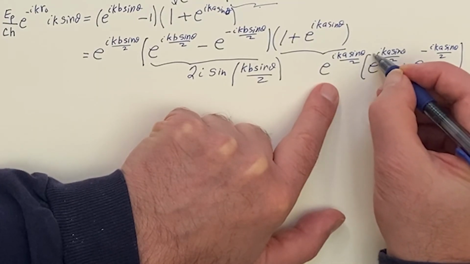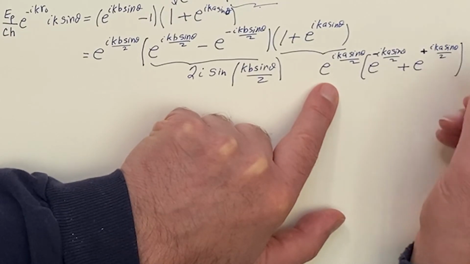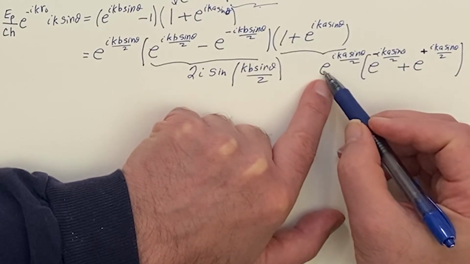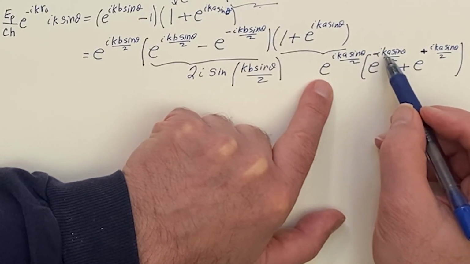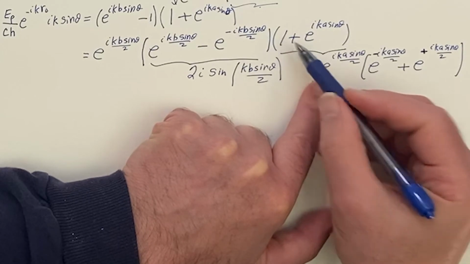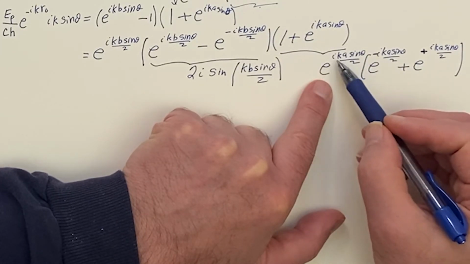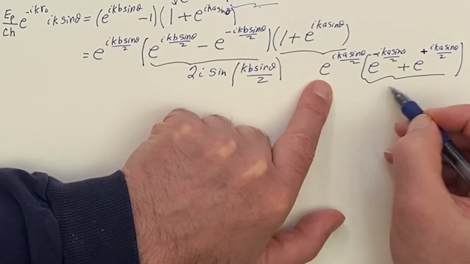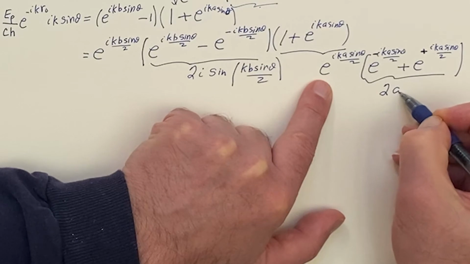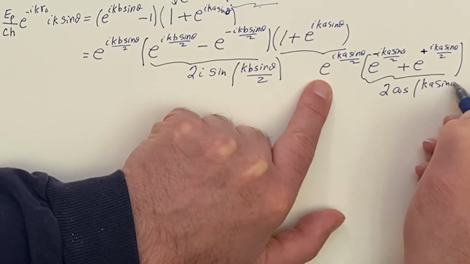We need a minus sign here and a plus sign there. So when this comes in, the plus sign and the minus sign will cancel and you get your 1, because it'd be e to the 0. And then here, these two halves will add, you get 1. So now we're good. But see, this is 2 times the cosine of ka sine of theta over 2.